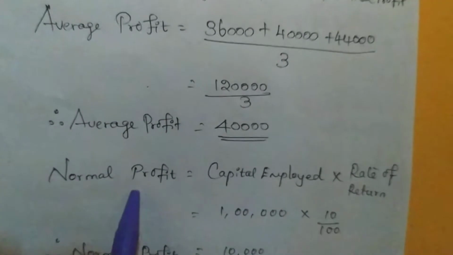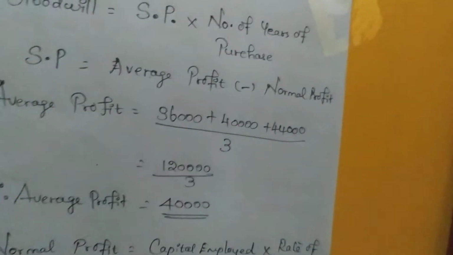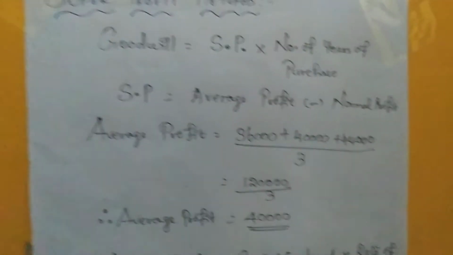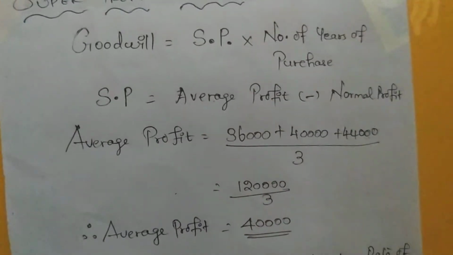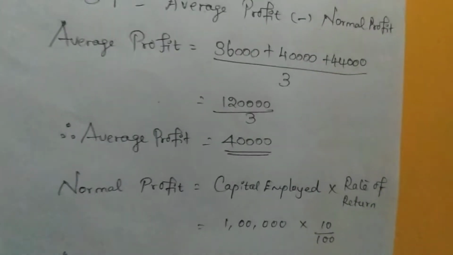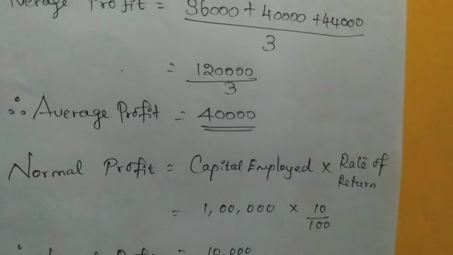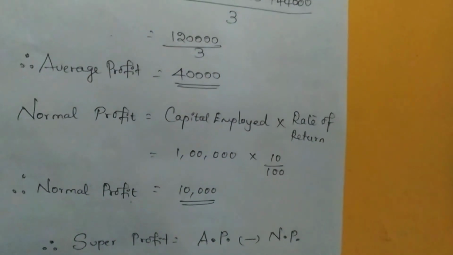Then we have next normal profit. What is normal profit here? Normal profit equals capital employed into rate of return.